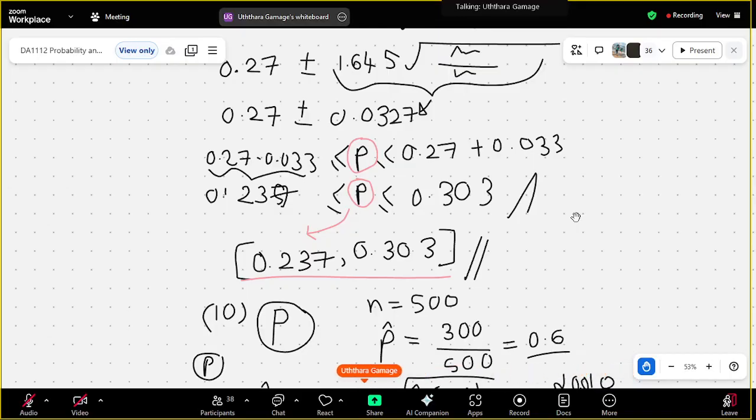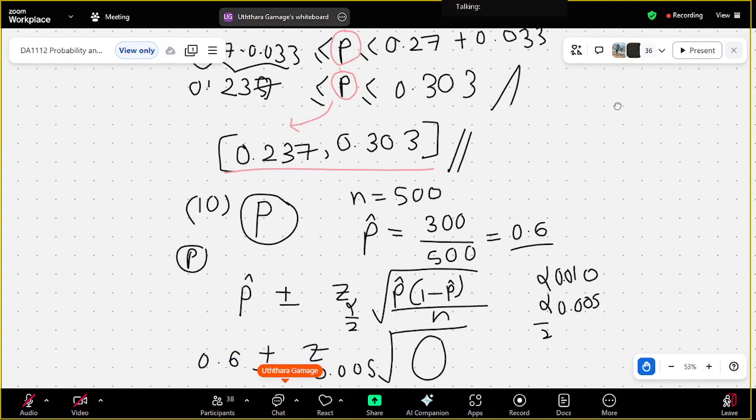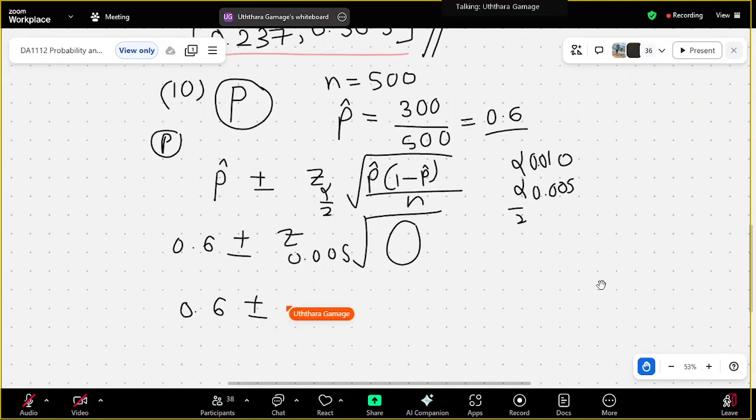So Z of 0.005 is 2.575, isn't it? Is that correct?